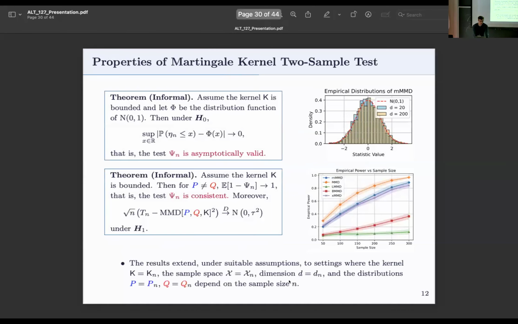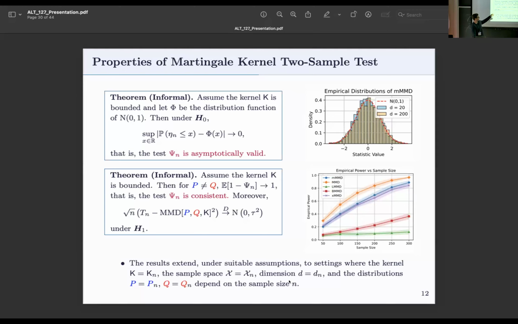Again, the test works because the distribution of eta_n converges to a Gaussian distribution. In particular, the CDF converges uniformly to the CDF of a standard Gaussian distribution. Now, the authors were also able to prove that under the alternative, the test is consistent, meaning that the expectation of the test goes to 1.